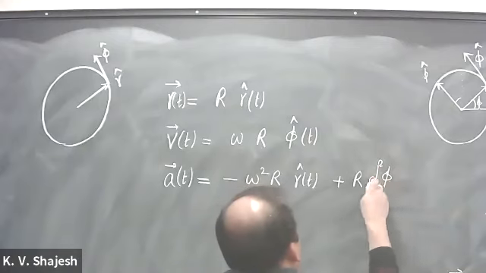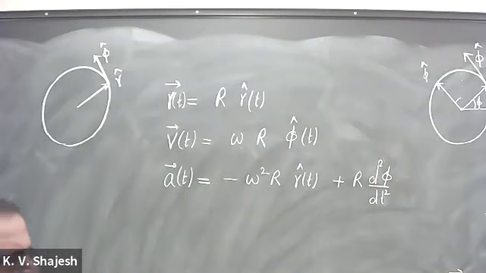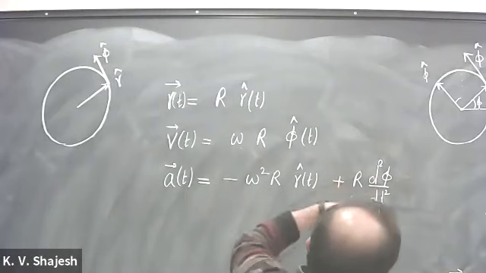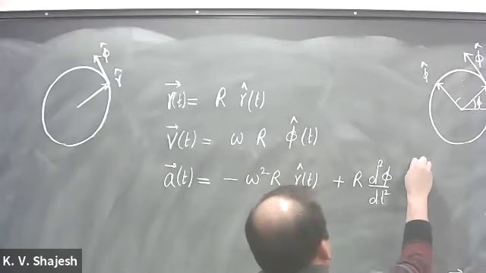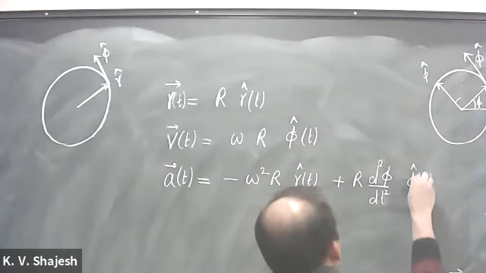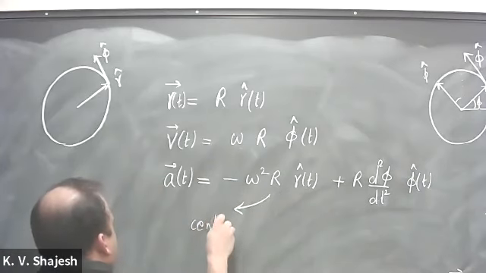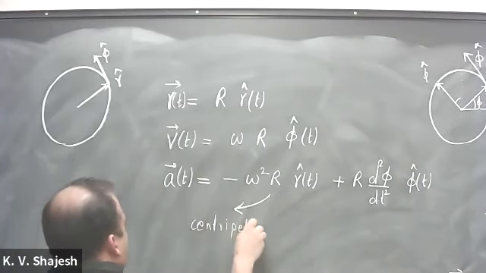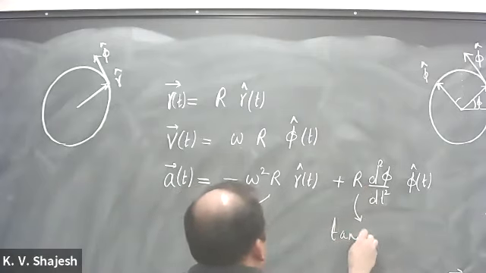Later we will have a symbol for this, but as of now, let me just write this as how phi is changing as a second derivative in time. So that's centripetal acceleration, and that's tangential acceleration.